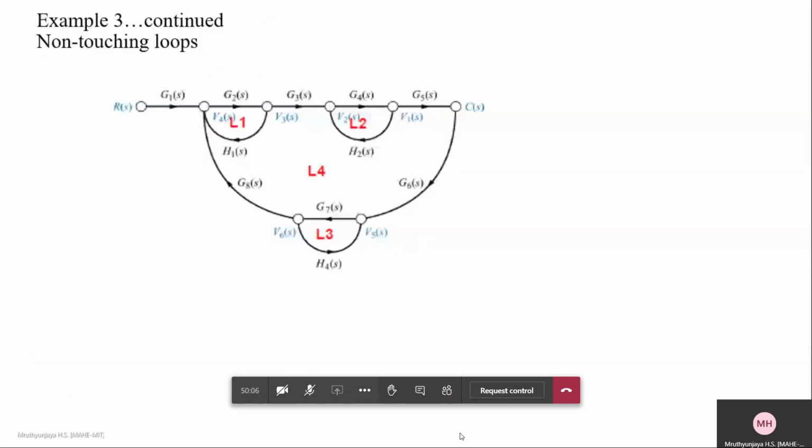So non-touching loops. L1 and L2 are non-touching, 2 non-touching loops. L1 and L3 another 2 non-touching loops. L2, L3 another 2 non-touching loops.